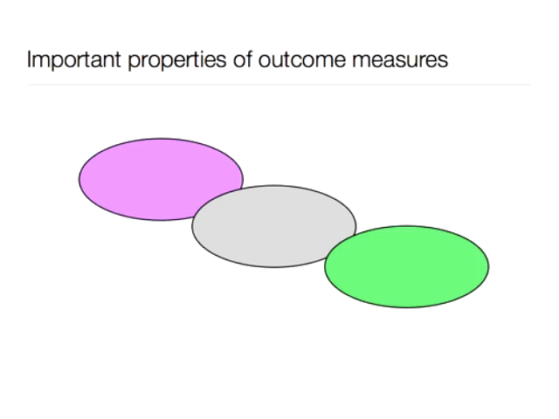Now, while we talk about what are the kinds of things we should be measuring, there are three very important properties of outcome measures that we must consider. Those are reliability, validity, and responsiveness. Reliability meaning that if I apply the same measure twice to a patient that hasn't changed, or if you apply a measure and I apply a measure to the same patient, we get the same result.